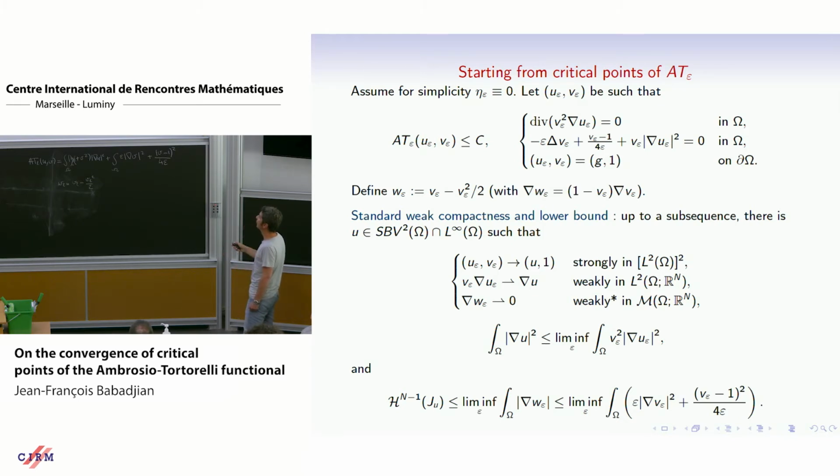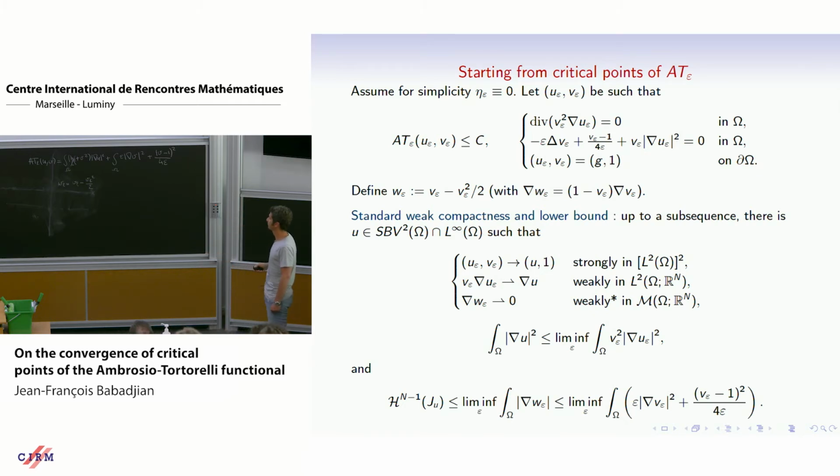And again, using the Gamma lower bound for the Ambrosio-Tortorelli problem, we can prove that the first inequality here is actually a consequence of this weak convergence, that the bulk energy of the Mumford-Shah functional is bounded by this term of the energy of the Ambrosio-Tortorelli functional, and this other lower bound inequality, which involves the surface energy part.